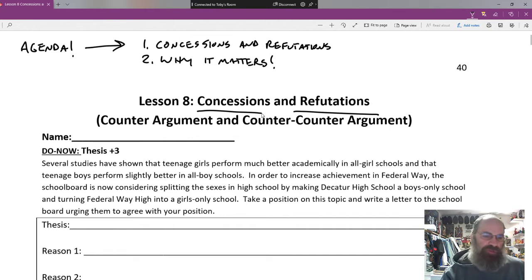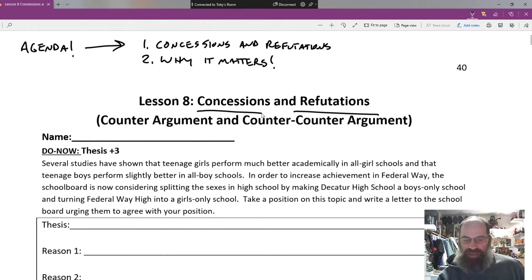So concessions and refutations, the first thing we have to identify is what a concession is. A concession is where, when you hear the other side's argument, you acknowledge their argument. It's an acknowledgement that the other side has a point. That's an important step in good argumentation.